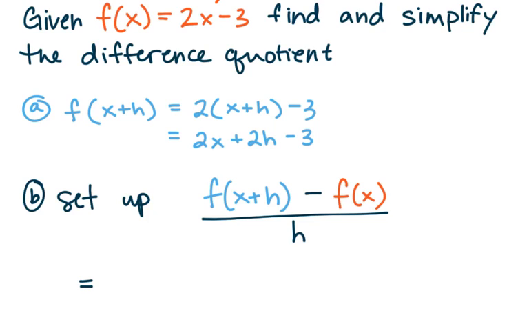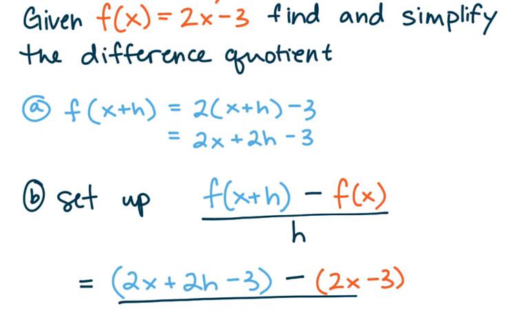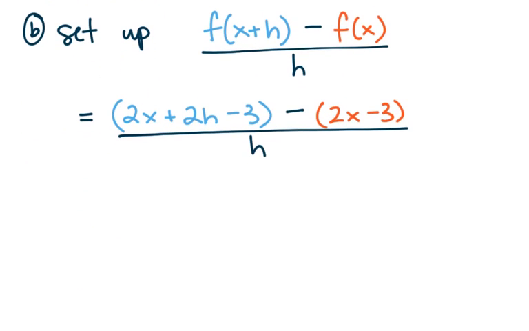What this looks like is 2x plus 2h minus 3, I'll go ahead and use parentheses to keep that grouped, minus my original function, 2x minus 3, all of which needs to be divided by h. So that's my setup. That's step 2. My third step here is just to simplify.